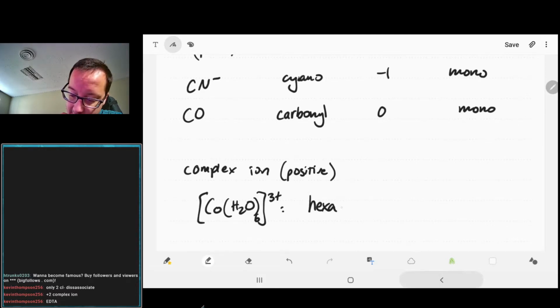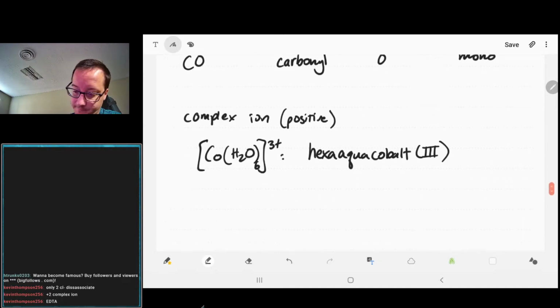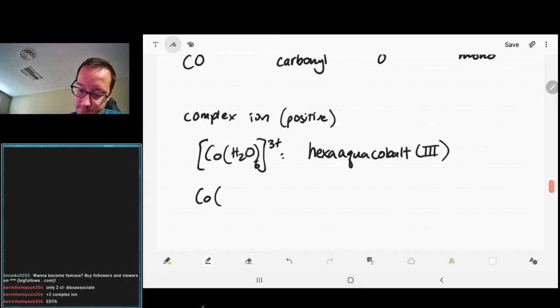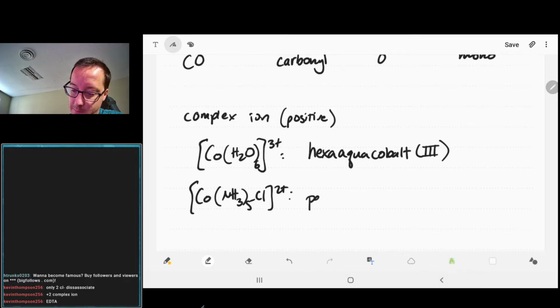This one is hexaaqua cobalt 3. This one is pentaamine chloro. What's it? Cobalt.